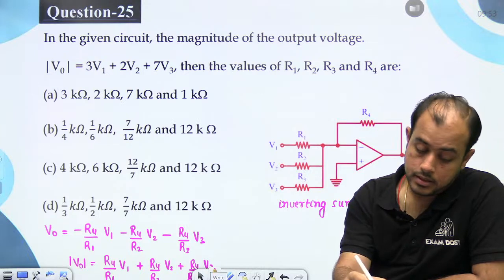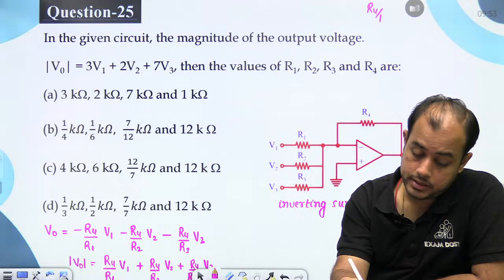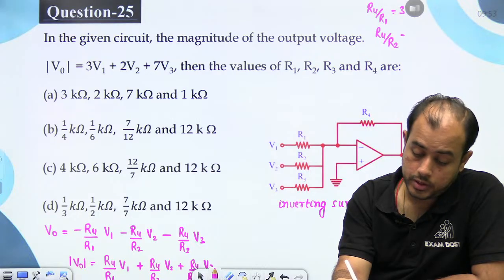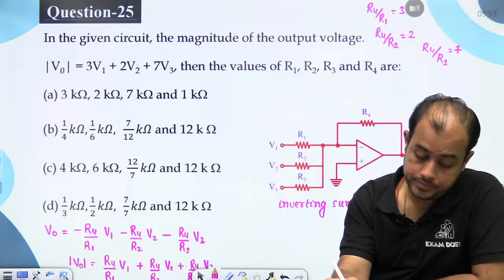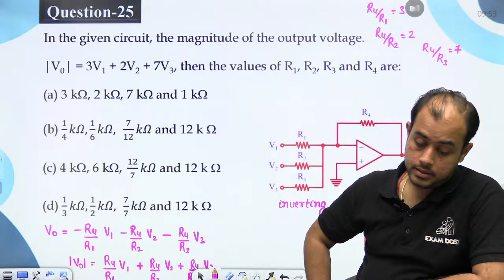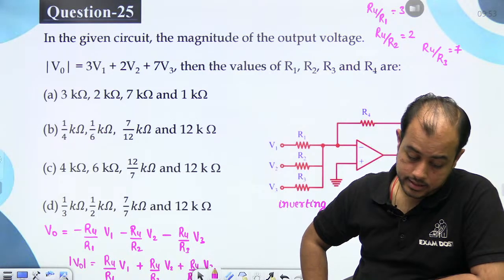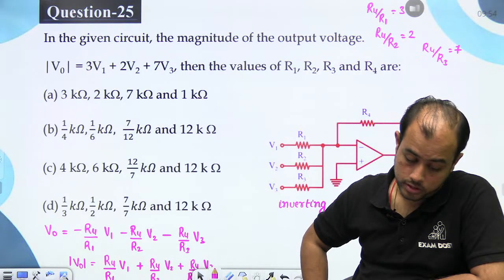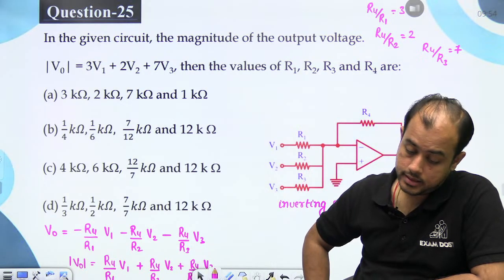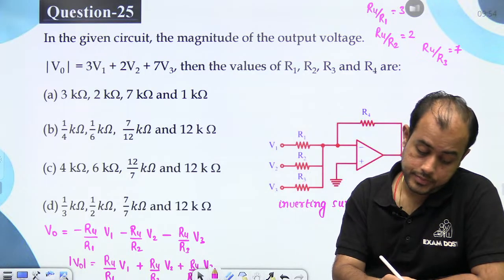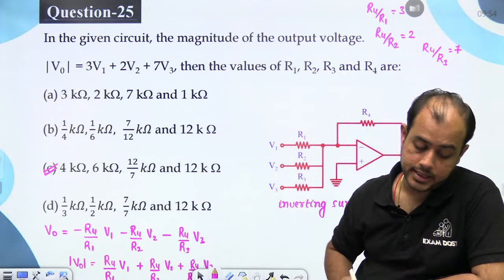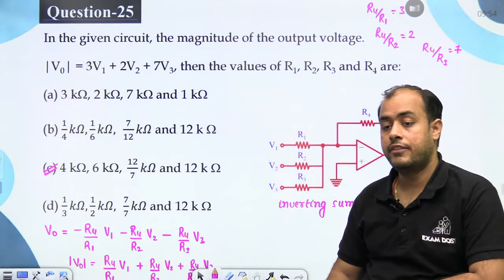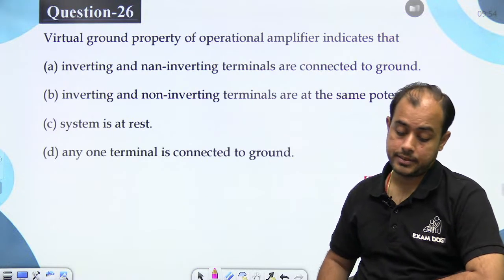Okay. So R4 by R1 is 3. R4 by R2 is 2. R4 by R3 is 7. So if you take 12, then R1 will be 4, R2 will be 6, R3 will be 12 by 7. See, इसमें सब satisfy हो जाएगा. C. Everything will be satisfied.